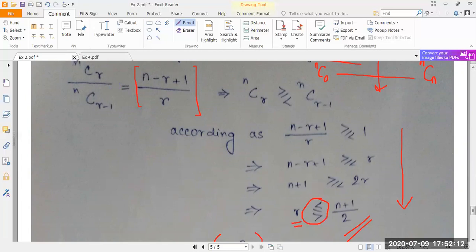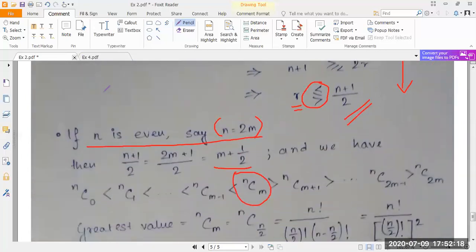So we have NC1 is greater than NC0, NC2 is greater than NC1. So NC0 is less than NC1, less than, going till NCm minus 1 and till NCm, because when r is assuming the value m, it's still less than m plus half.